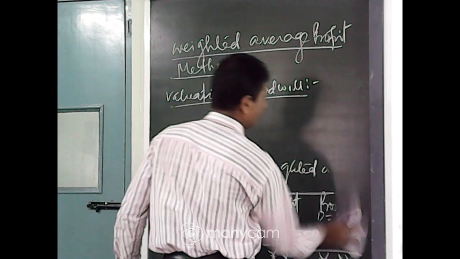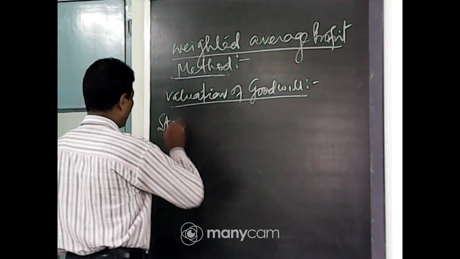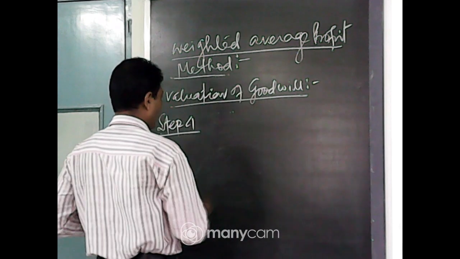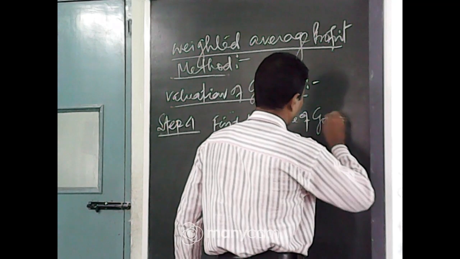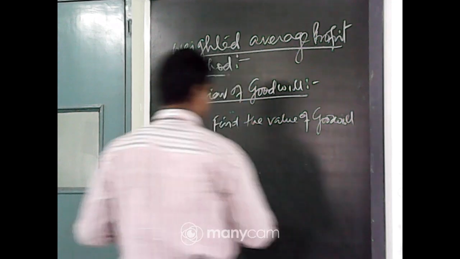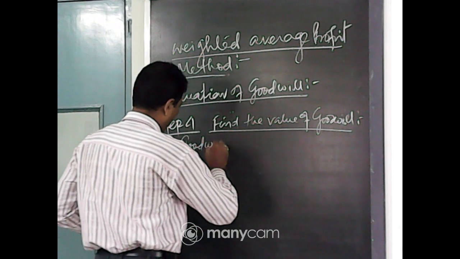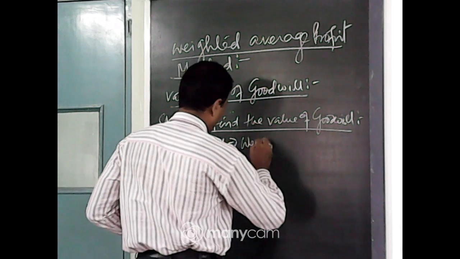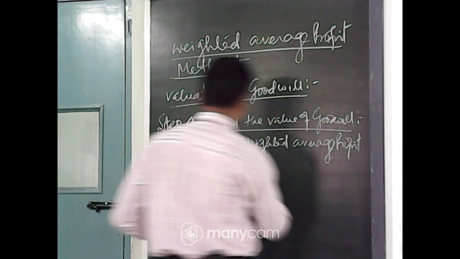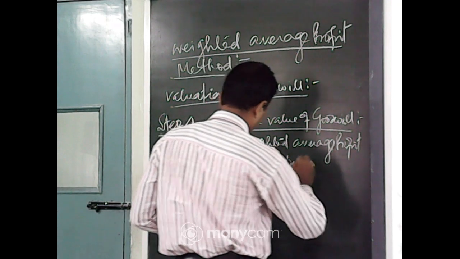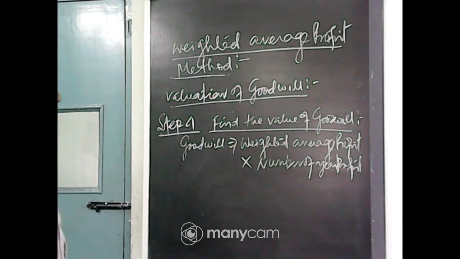Now step 4. Find the value of goodwill. Goodwill is equal to weighted average profit into number of years' purchase.